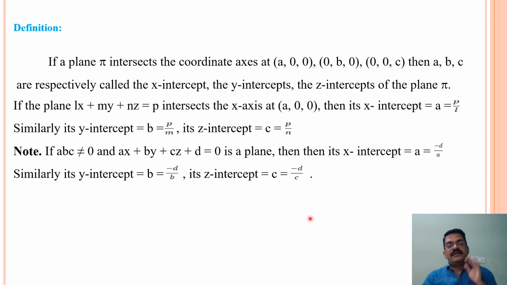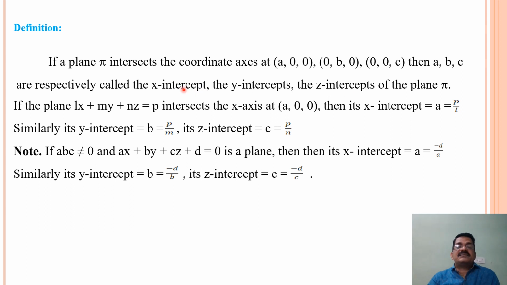Next, second one, intercept form. So here, if a plane pi intersects the coordinate axes at x-axis (a, 0, 0), at y-axis (0, b, 0), at z-axis (0, 0, c), then a, b, c are respectively called the x-intercept, the y-intercept, the z-intercept of the plane pi.